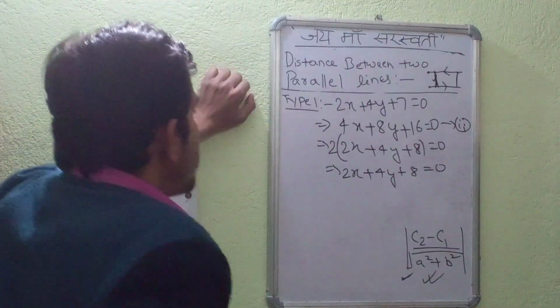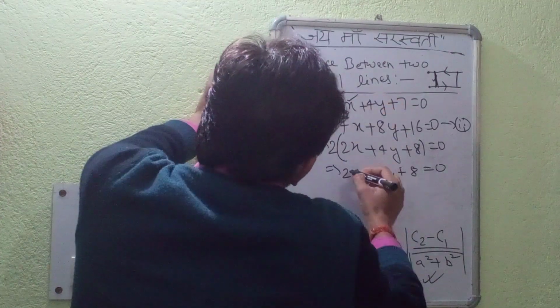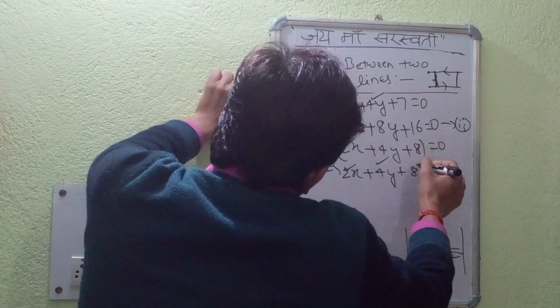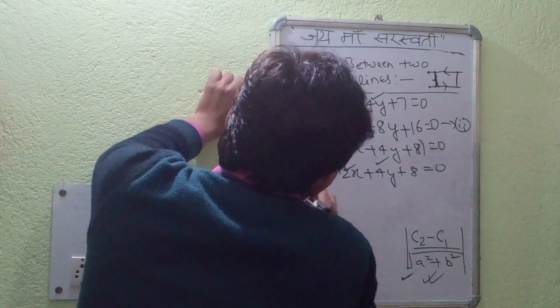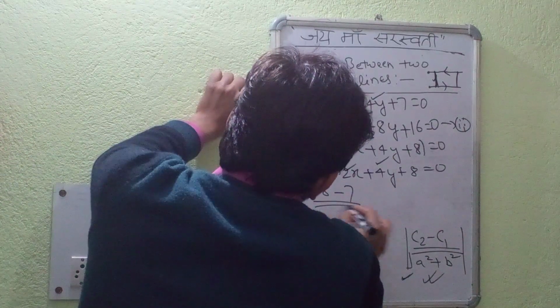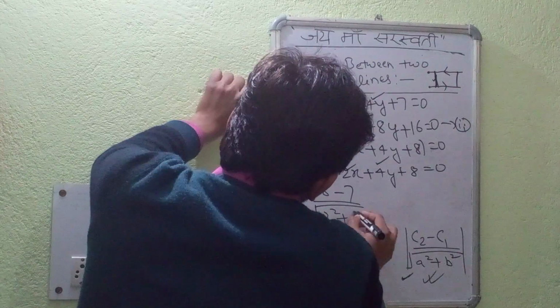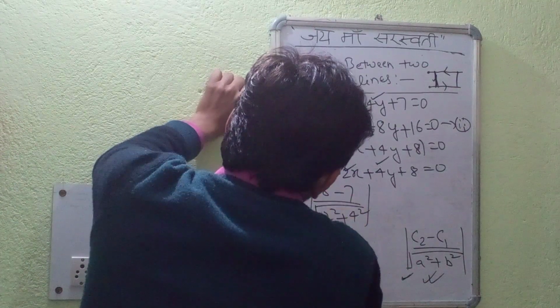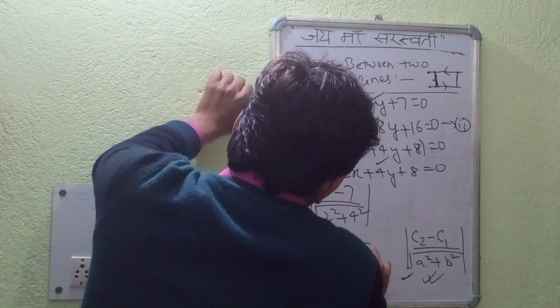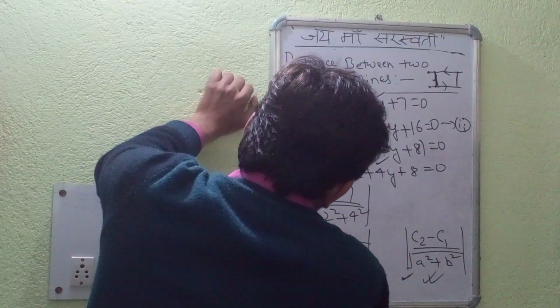Now in this case, a is 2, b is 4, c1 is 7 and c2 is 8. So we write (8 - 7) by the square root of 2 squared plus 4 squared. It will be 1 by the square root of 16 plus 4, that is 1 by the square root of 20.